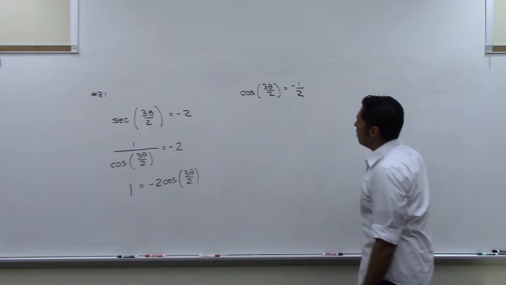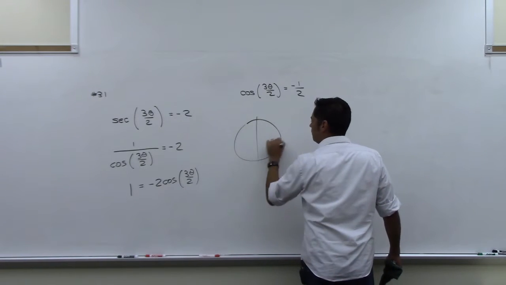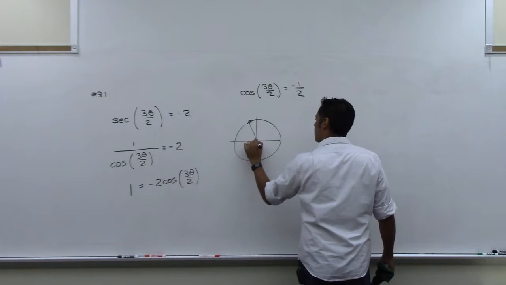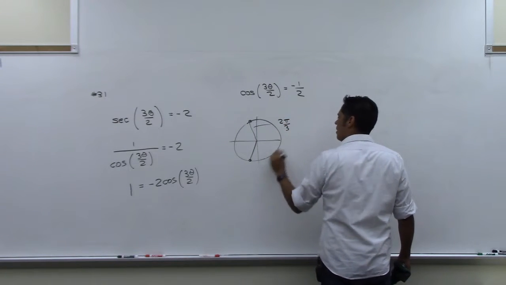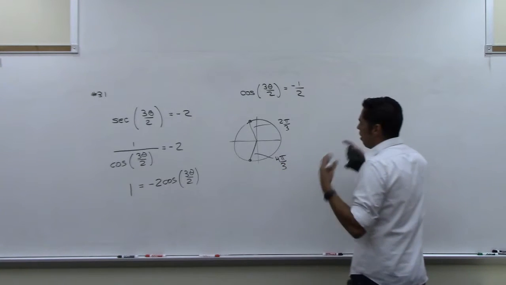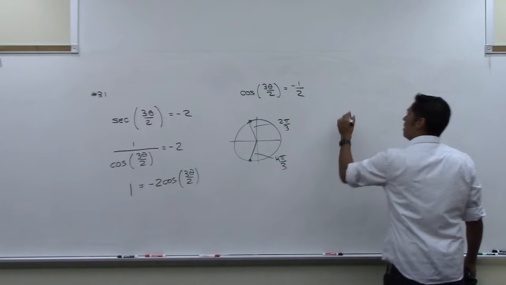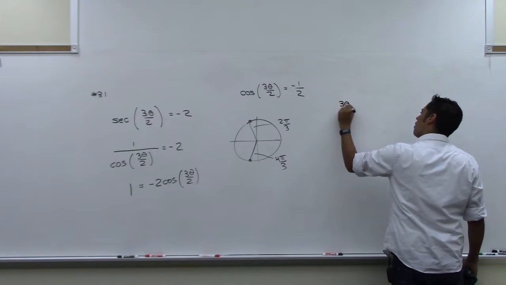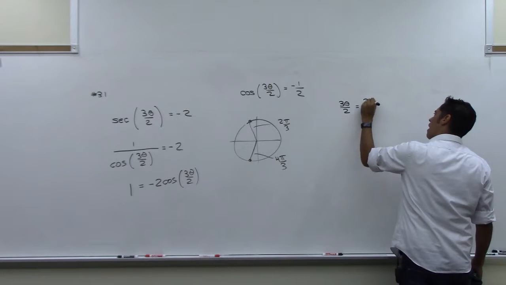So here we're saying, where's our x-coordinate negative 1/2, which happens here and here. This is 2 pi over 3. This is 4 pi over 3. But we need our argument to be equal to one of those. So I need that 3 theta over 2 equals 2 pi over 3.